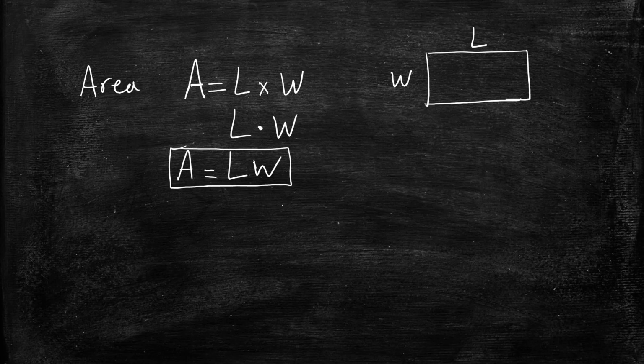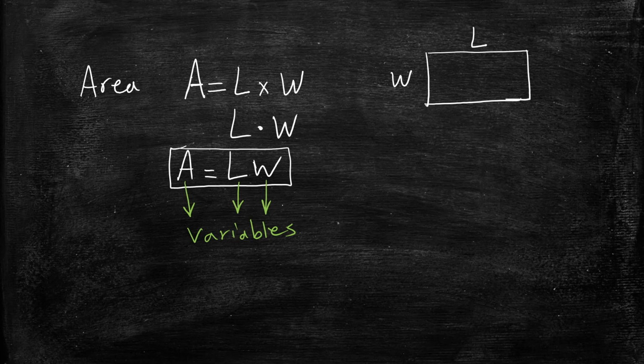Now you see here, with this formula, A equals LW, not only can you measure the area of your own room, you can measure the area of any rectangle, room or carpet or whatever. So this length, this width, and the area, these are variables.